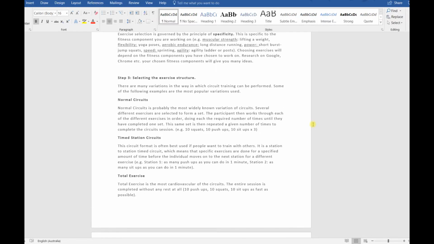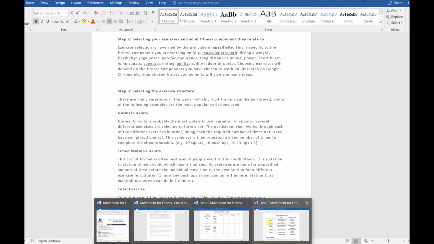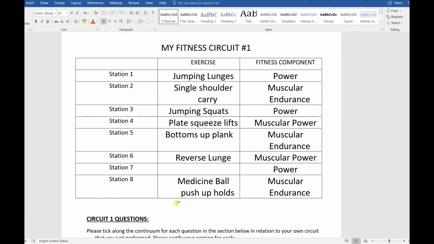After looking at all the exercise structures, I've come up with one where I'd like to do timed station circuits. So say for example we have there, I would like to come back to my document and be able to do this in timed station circuits, doing each exercise for 1 minute in total.